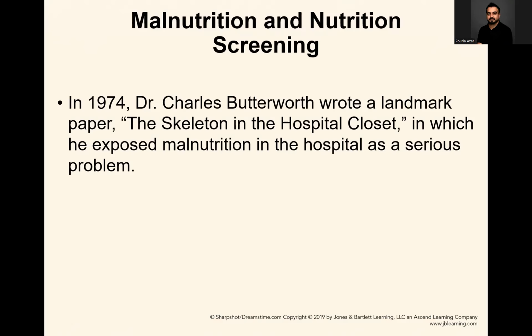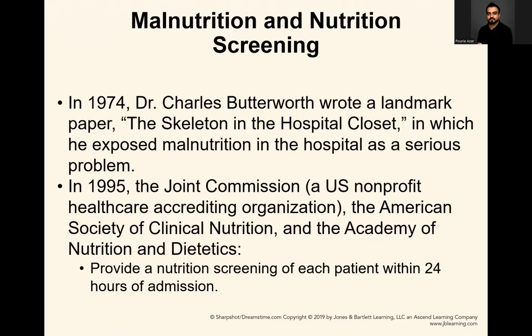Then in 1995, the Joint Commission, a US nonprofit healthcare accrediting organization, worked with inputs from other organizations like the American Society of Clinical Nutrition and the Academy of Nutrition and Dietetics. They developed a nutrition screening framework and guideline.